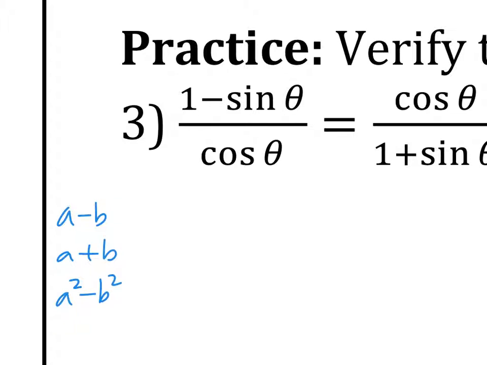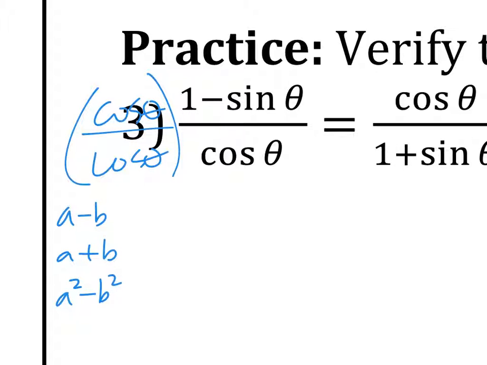So the question is, how do I get there? Cosine squared. Okay, I need a cosine squared. So number 3 on the left, how do I get this cosine squared? Yes, multiply by cosine theta over cosine theta. Okay, so this is kind of the trick.